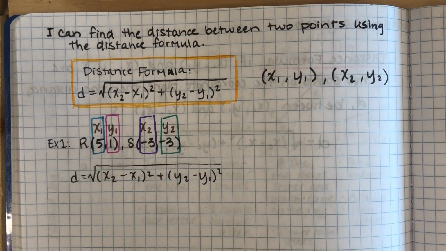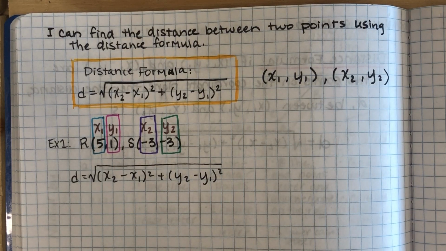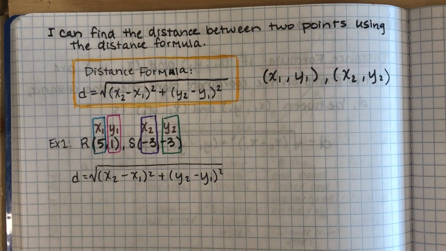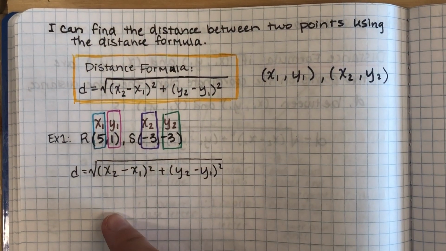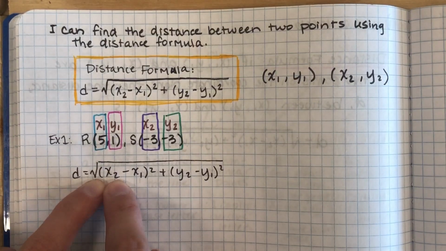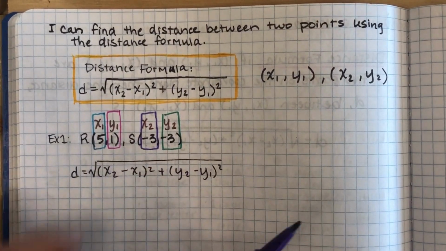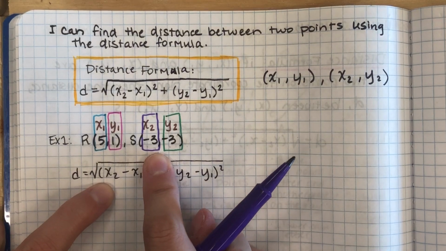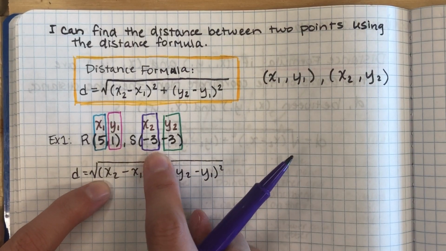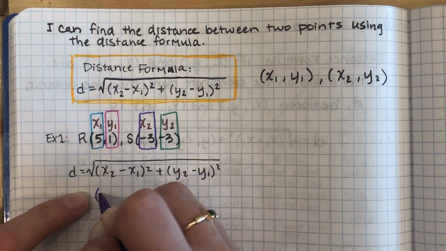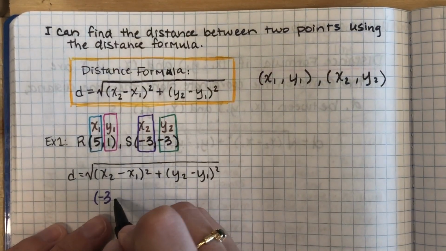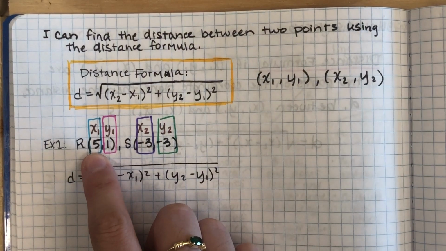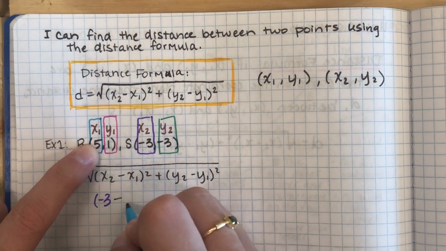All right, so now when I start to replace things, I'm going to put in each of my different points. So it's telling me I'm starting off with x sub 2. So starting out with x sub 2 here, we have -3. Then we're going to use x sub 1, which is 5.